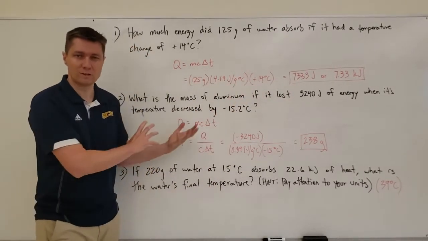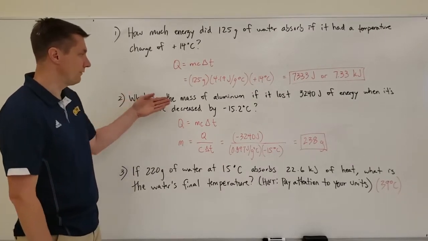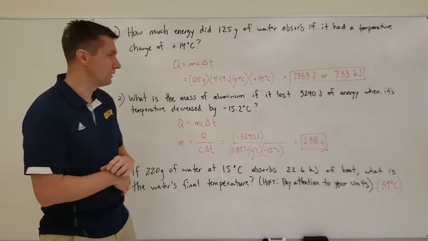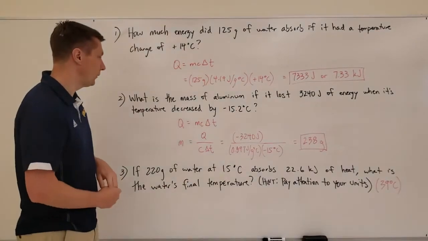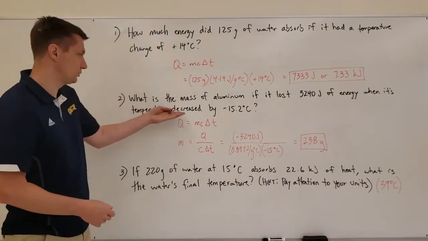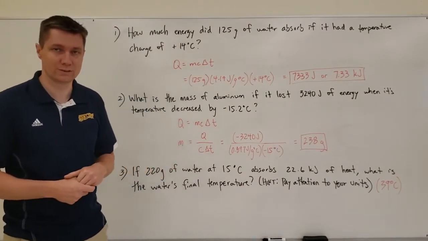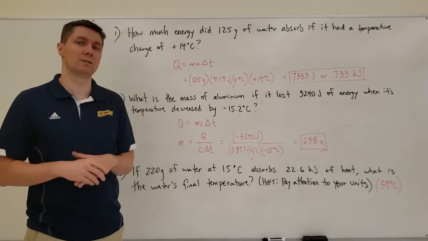That's important when we take a look at the second question, because if you take a look at the second one here, we now have the mass of aluminum, but it's losing heat. It's becoming colder. And so if it loses this much energy, its temperature decrease here is going to be negative 15.2 degrees Celsius. Now remember, this is a temperature change, not where it is on the temperature scale.